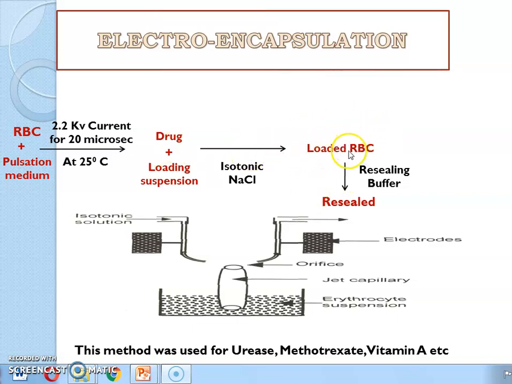Then these drug loaded RBCs are again placed into the isotonic solution where they get resealed. Then the resealed RBCs are washed and stored. These methods are generally used for the encapsulation of urease, methotrexate, and vitamin A into the erythrocytes.